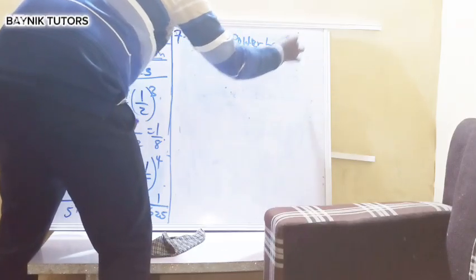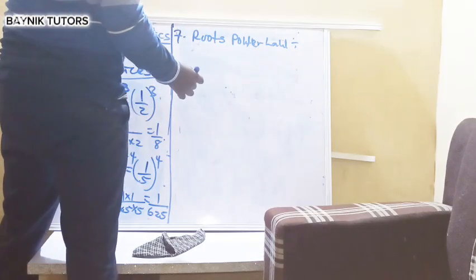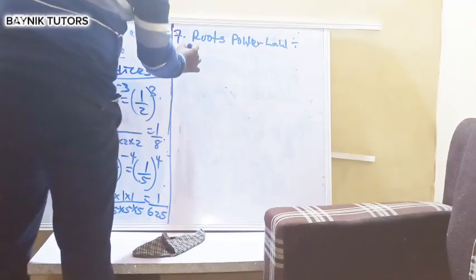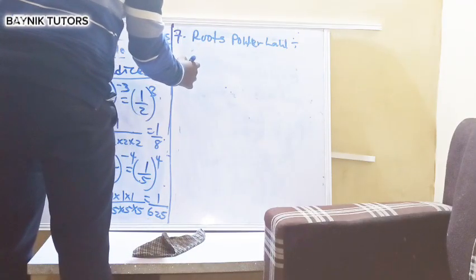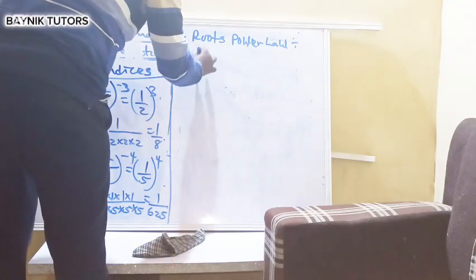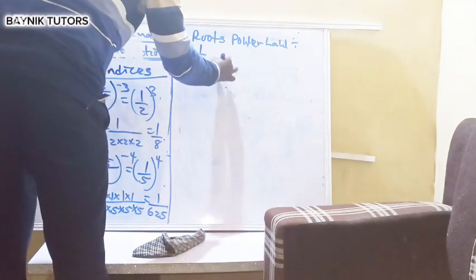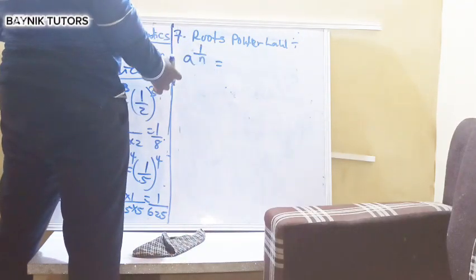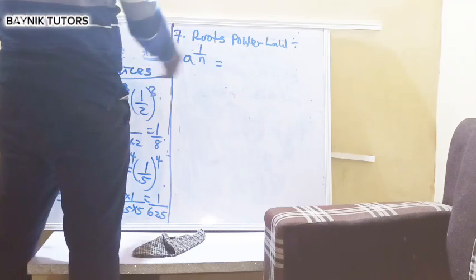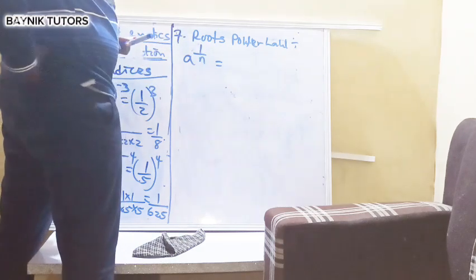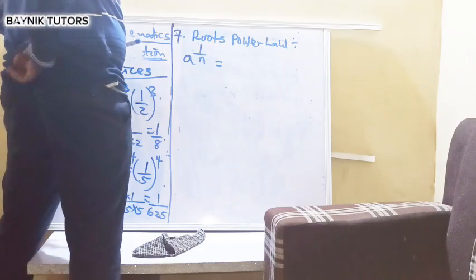For the root power law, we are considering a base like a raised to power 1 over n. Here the power is in the form of a fraction while the base is a.